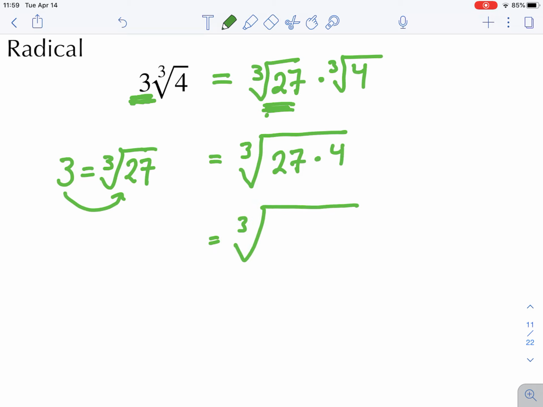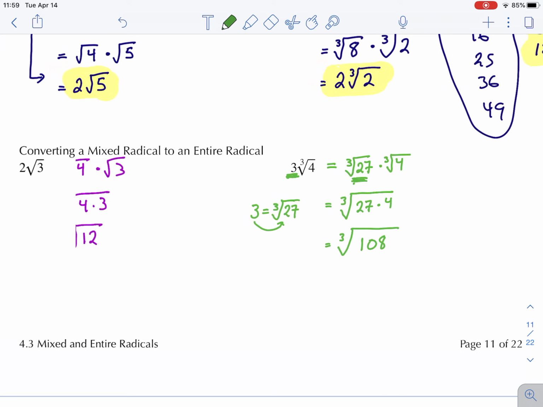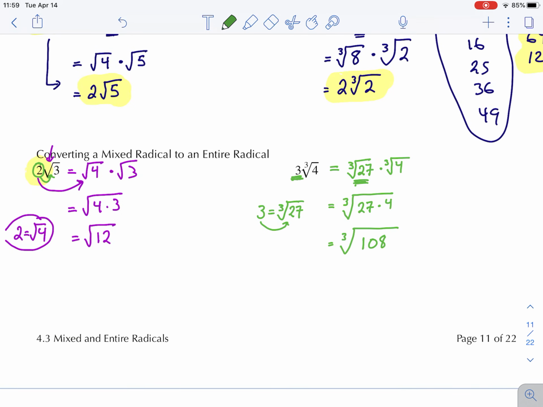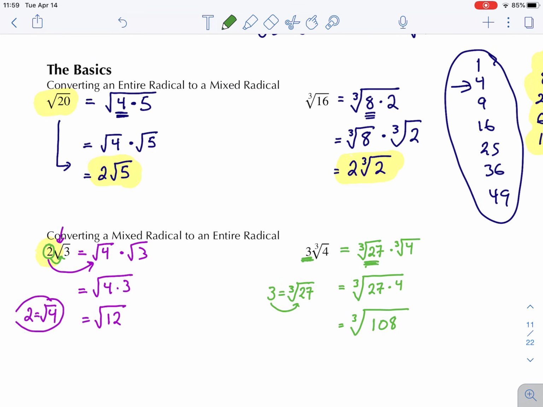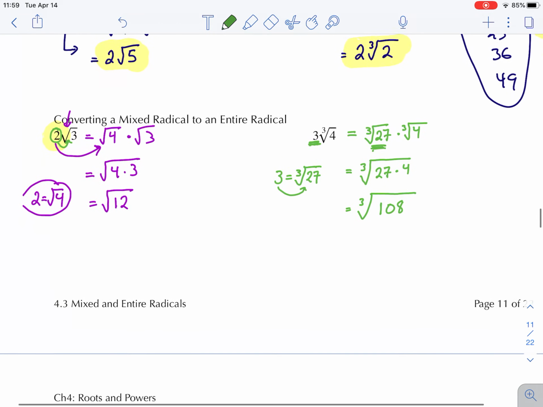And then we can multiply 27 by 4, and we are going to get 108. So 3 times the cube root of 4 is equal to the cube root of 108. Usually we don't work this way backwards. Usually we work from an entire radical to a mixed radical.